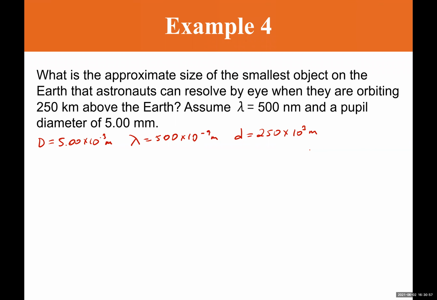So what we want to calculate is the approximate size of the smallest object. Let me actually use L for the 250 kilometers. So this is in terms of calculating theta min, which equals 1.22 lambda over d.